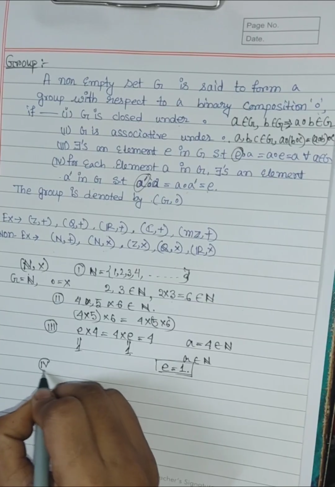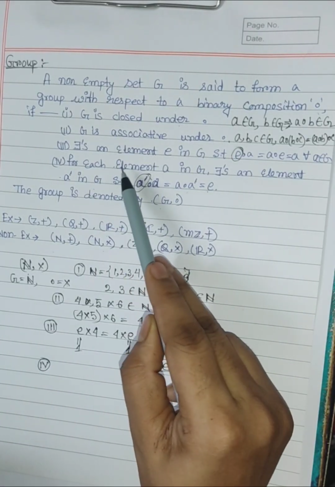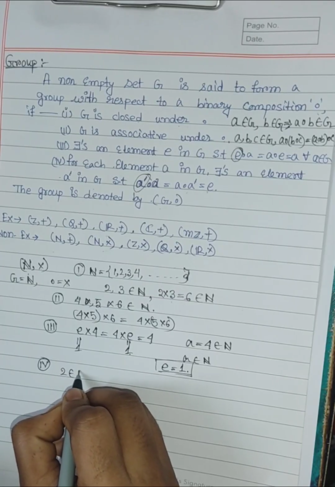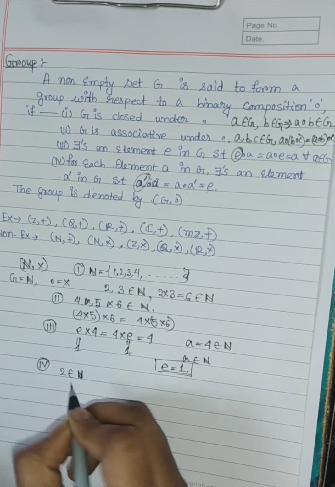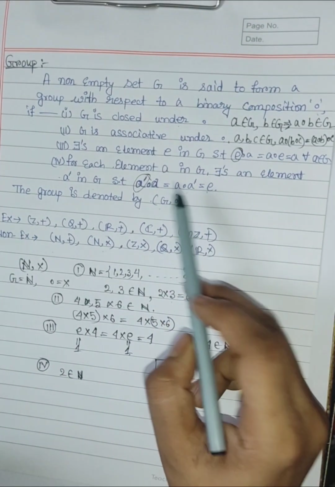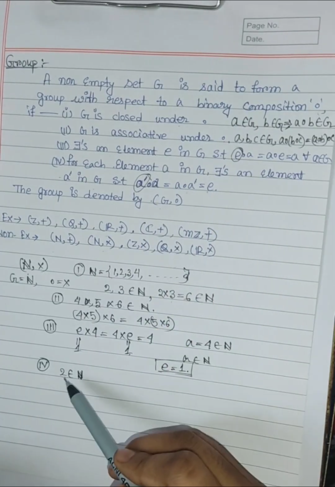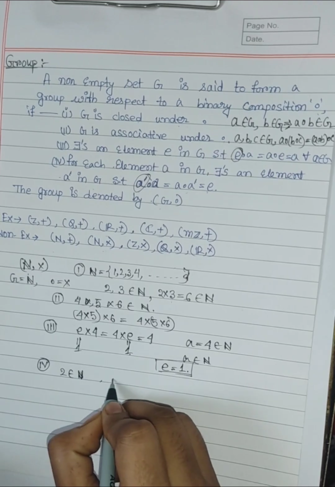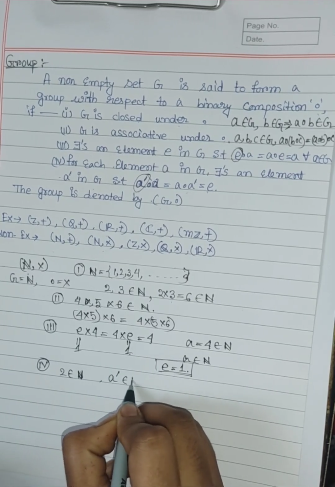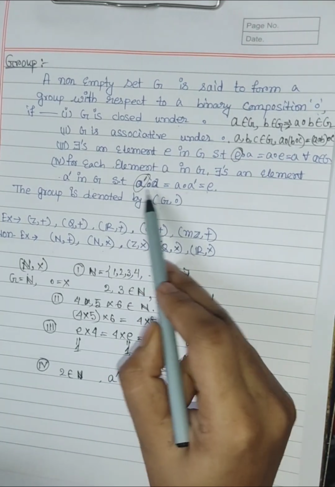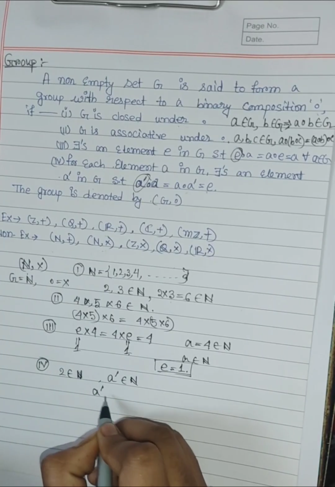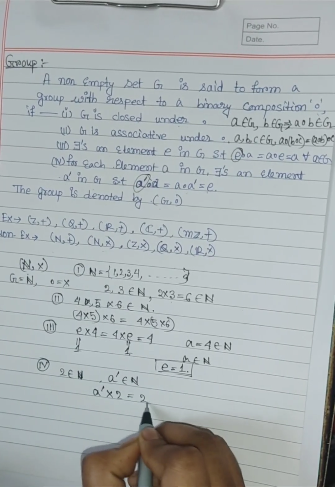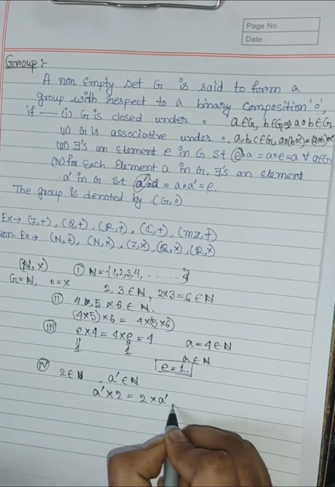Now coming to the fourth one. For each element A in G, suppose I take the element 2 belonging to G, where G means the set of natural numbers. There exists an element A dash in G, with A dash belonging to the natural numbers, such that A dash into 2 equal to 2 into A dash equal to the identity.